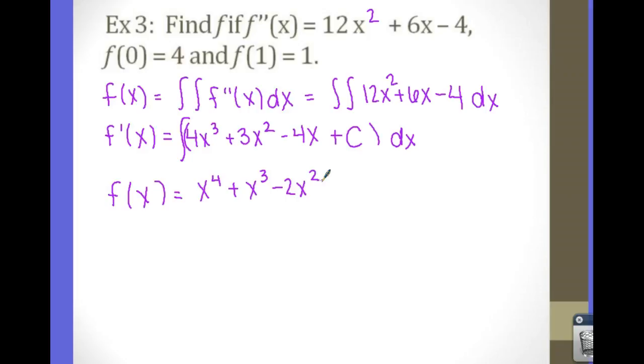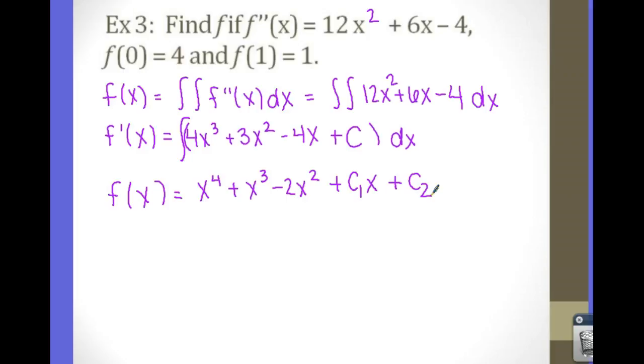This c is representative of a real number. When you antiderive negative 4, you put an x on it. When you antiderive c, you put an x on it. So this is like c sub 1 of x, and I still have an additional constant to add to it.